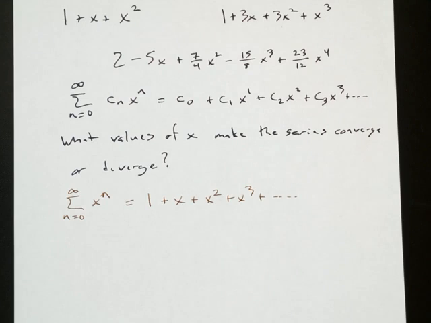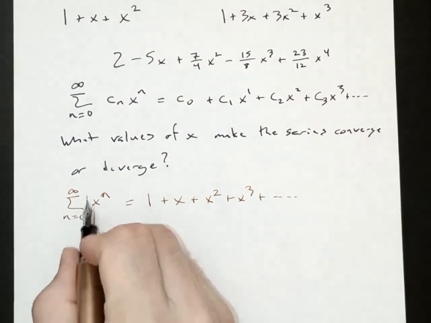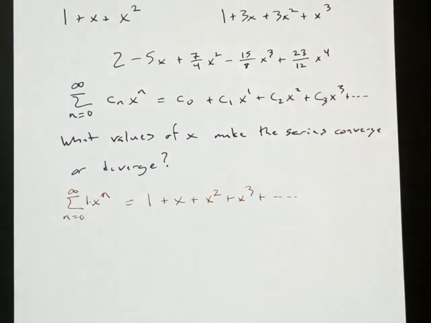I don't know what that is yet. What if I wrote it as 1 times x to the n? It's geometric. And it's a geometric series where a is 1 and r is x.